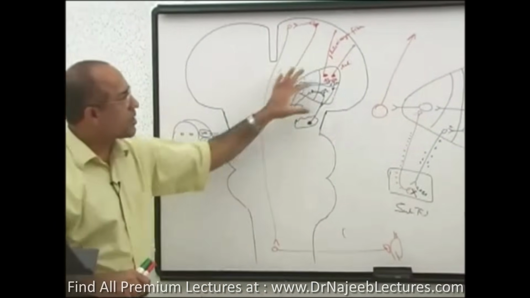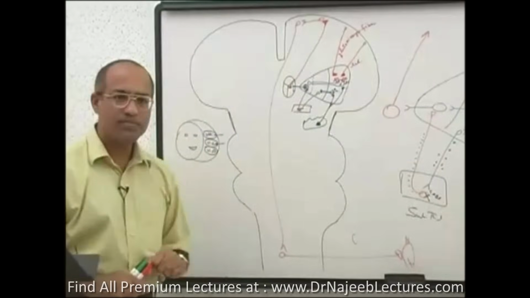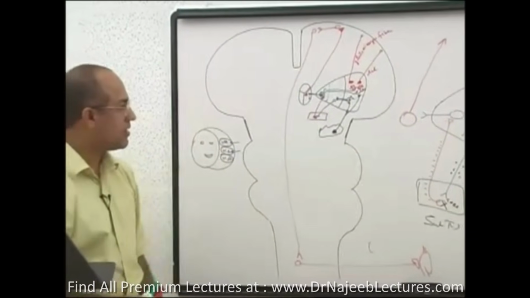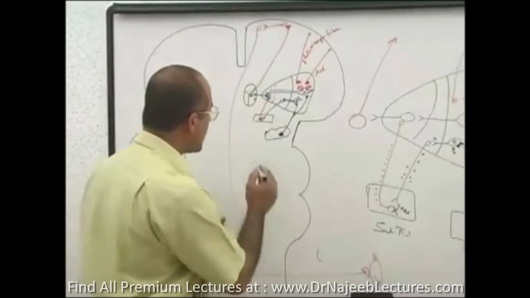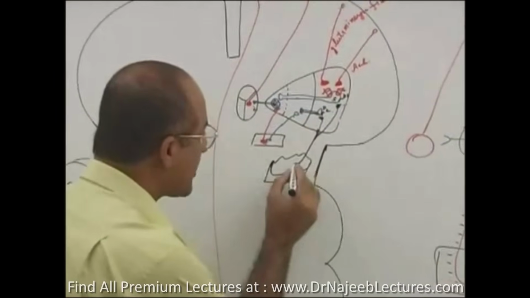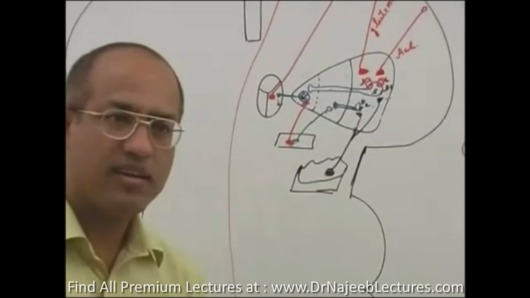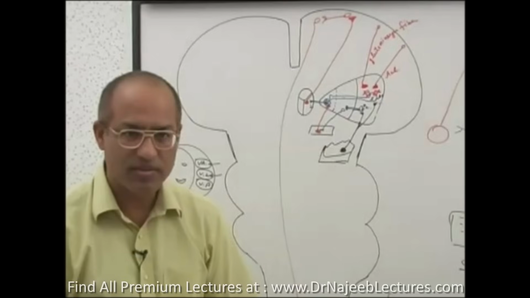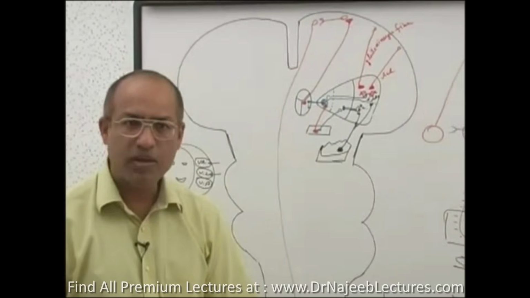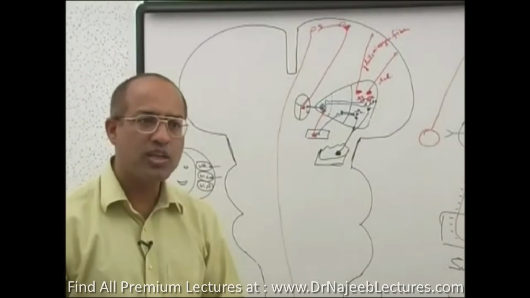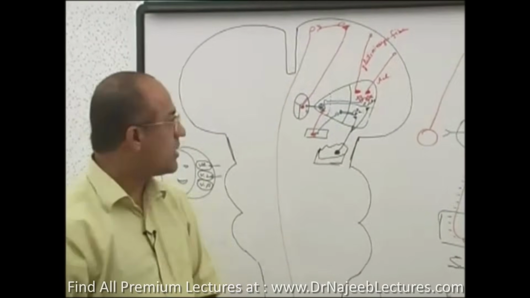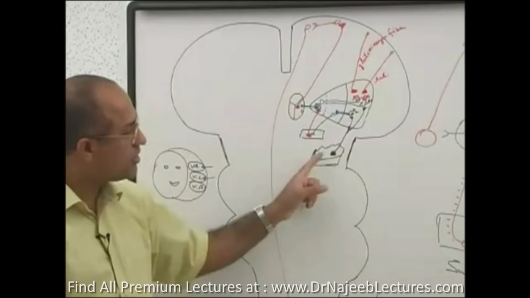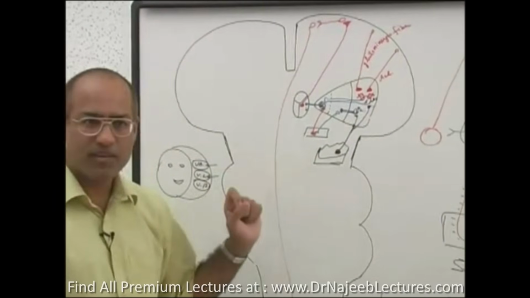There are many problems related to this area, right? For example, when this nigrostriatal pathway fails, a disease occurs which is called Parkinson's disease. What is Parkinson's disease? In Parkinson's disease, usually after the age of 50, in some people, unfortunately, these neurons start degenerating.